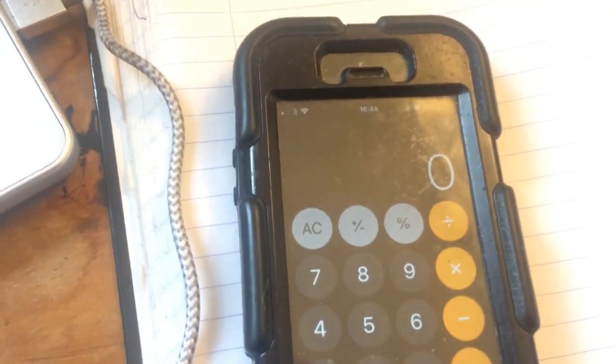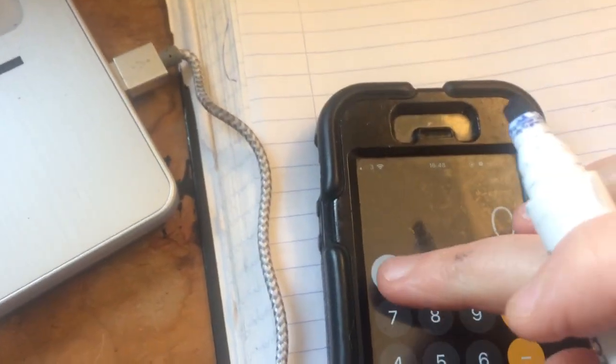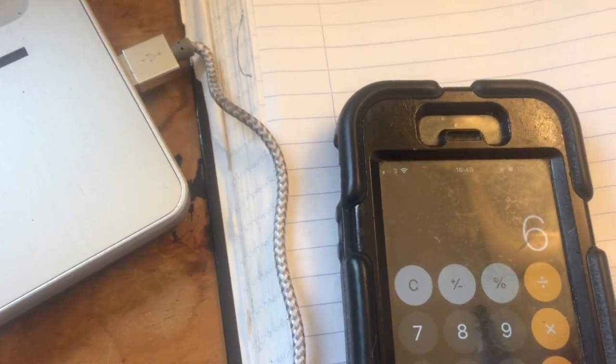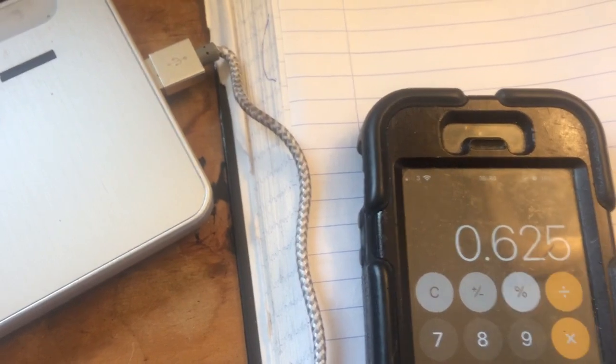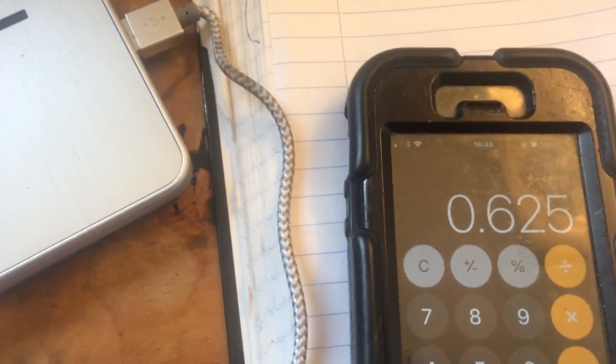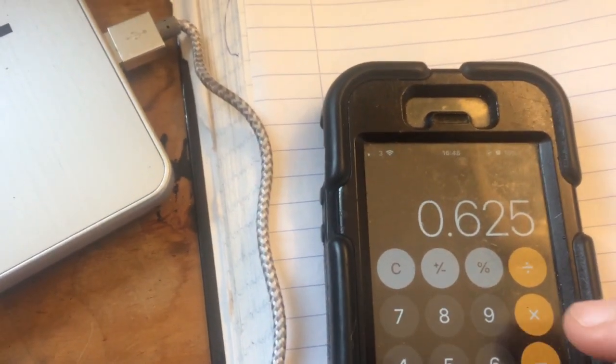So let's get to the calculator. I bet you my phone has gone dead again. Of course it has. Now, here we go. We're going to work out the crocodile first. The crocodile is 62.5%. See, it automatically turns it into a decimal for you.